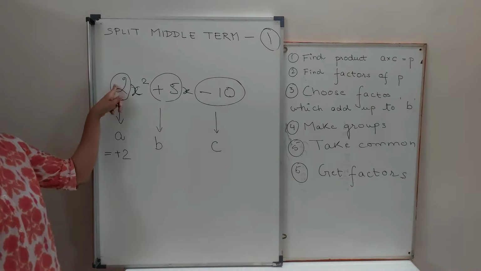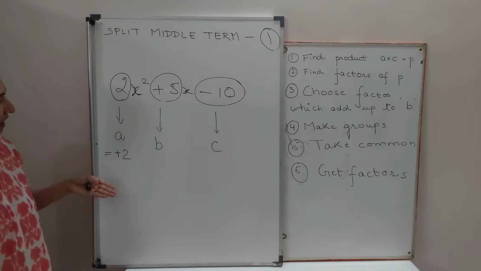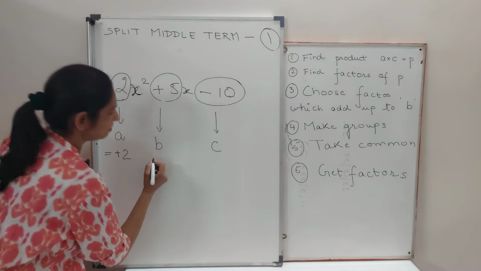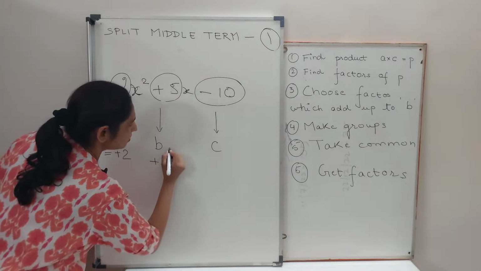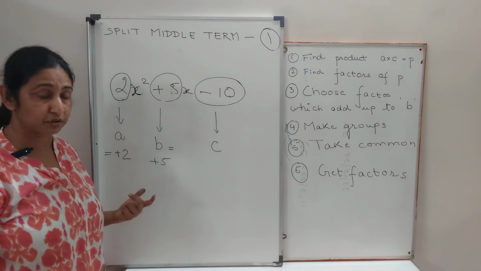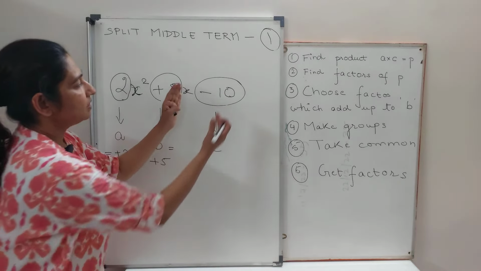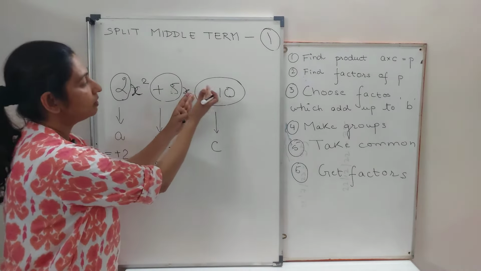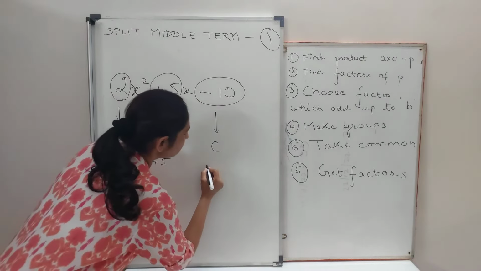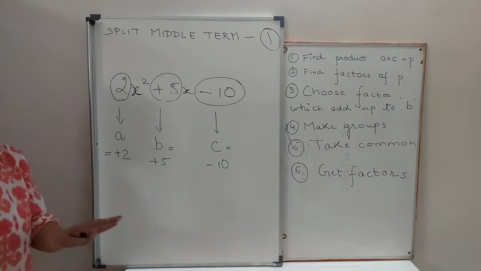Because there was no sign included here, and no sign means positive. So a is plus 2. b is plus 5, because this sign will be a part of the coefficient. What is c? c is not simply 10. c is the number inclusive of the sign before it. So c is minus 10 in this example.